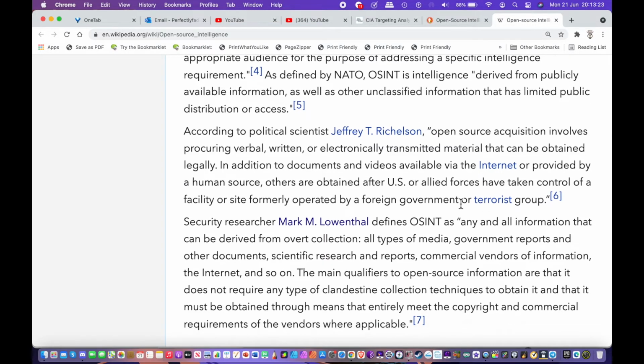In addition to documents and videos available via the internet or provided by a human source, others are obtained after US or allied forces have taken control of a facility or site formerly operated by a foreign government or terrorist group. Okay. Try to dissect that.